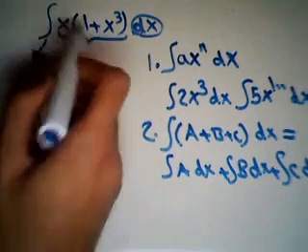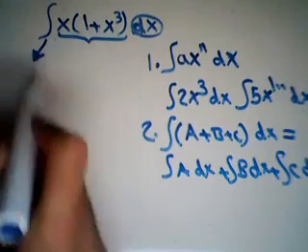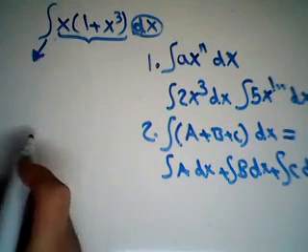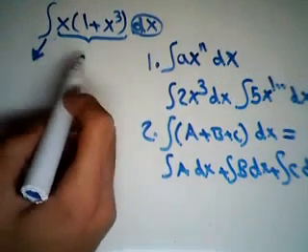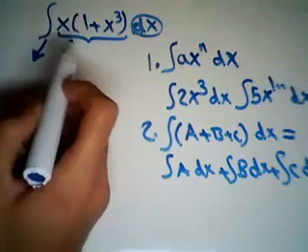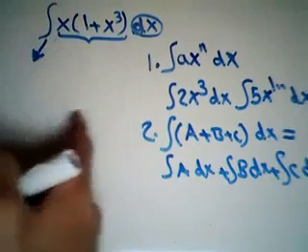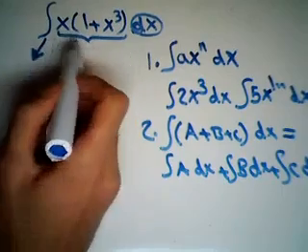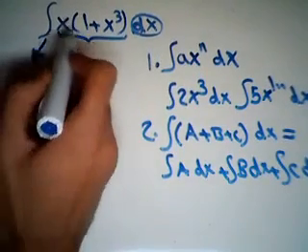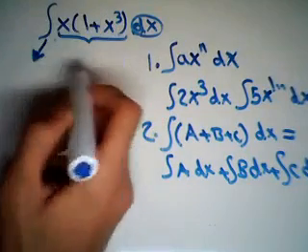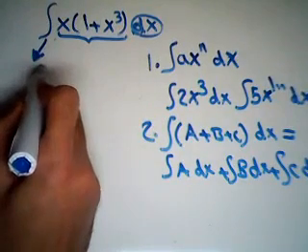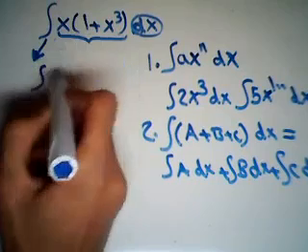Now, let's calculate it. The best way to calculate it is to multiply this into the parentheses, or do the multiplication.